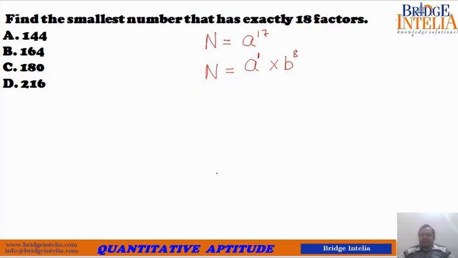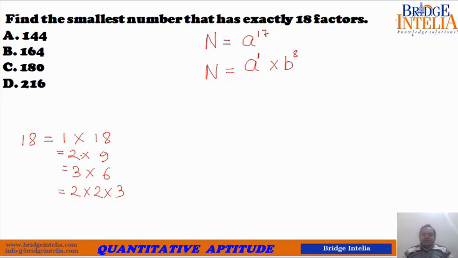So let's first understand how 18 can be formed as a product. 18 can be formed in this manner, also in this manner, 3 into 6, also 2 into 2 into 3. Any other way to write 18?